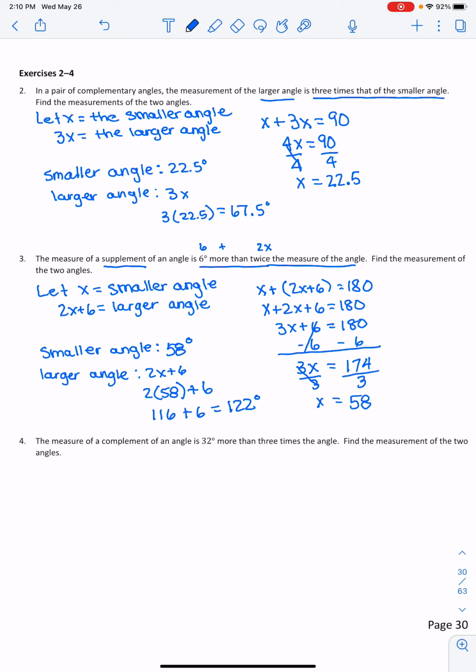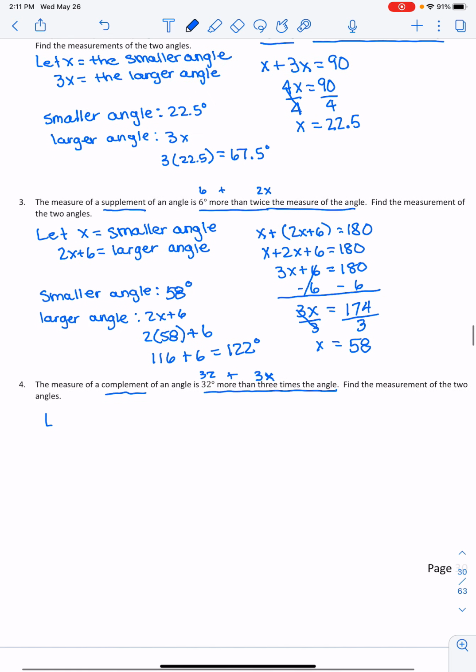So the last thing, we do have a couple more examples. Our next example is the measurement of a complement, so it's going to add up to 90 degrees, of an angle is 32 degrees more than 3 times the angle. So we have 32 plus 3 times the angle. If I make the angle x, we're going to find the two.